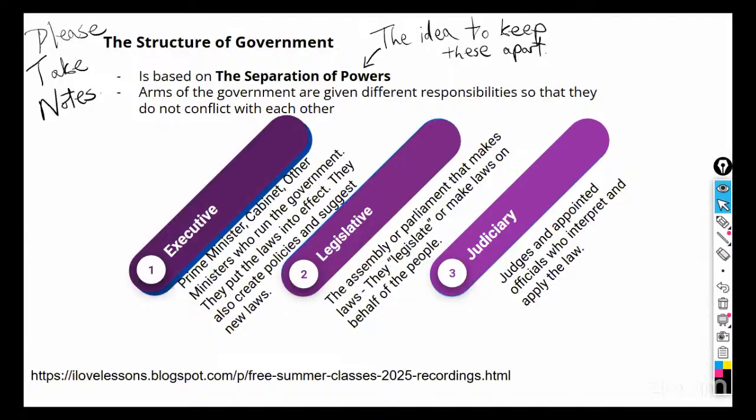We can't have a judiciary that interprets the law, a legislative that makes the law, and then the judiciary also makes the law, or the legislative also interprets the law. Those things need to be separate. So it's not like when one decision is made, you could go to a different arm and get it overturned or undermined.